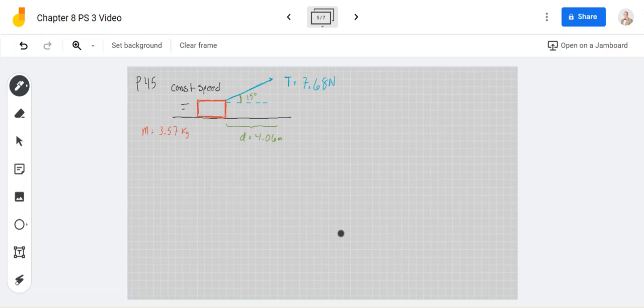All right. Well, before we start, I'm going to draw a quick force diagram for this because I think that's going to be useful. The Earth pulls this down. That's the weight. We call that mg, and then the rope is pulling at a 15-degree angle.